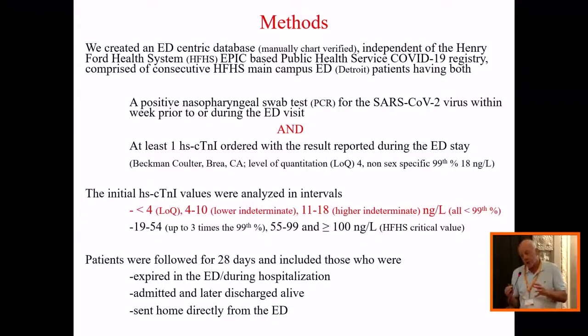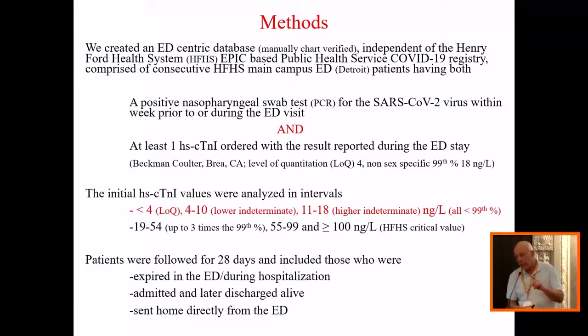So when we looked at troponin to see how it would help us to look at 28-day survivability, we divided it into zones. But what we actually did was divide the indeterminate zone, and you can see them in red. We had lower indeterminate and higher indeterminate.